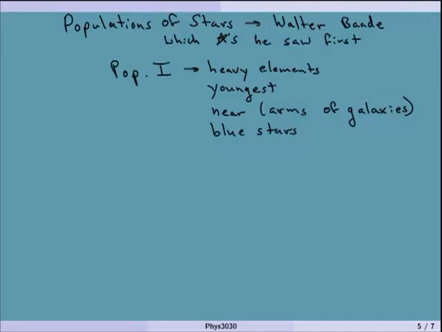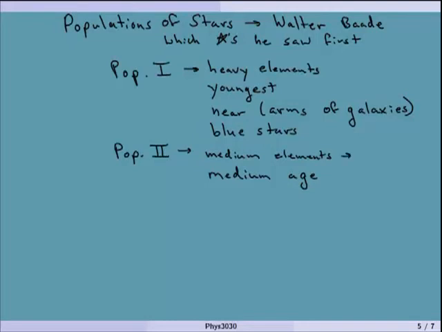Then there are population 2 stars, which, as you can imagine, are just the second ones that we really saw. They have medium elements in them, like beryllium and lithium. All of them have hydrogen and helium; that's the first main fuel source of all these stars. So they have medium elements, and they're a medium age, older than the population 1 stars.